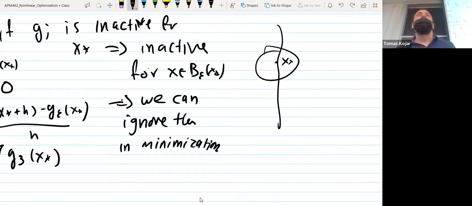Okay, so you should think about this when we talked about interior points and boundary points. So here, if it's an inactive constraint, this is basically an interior point for the inactive ones.